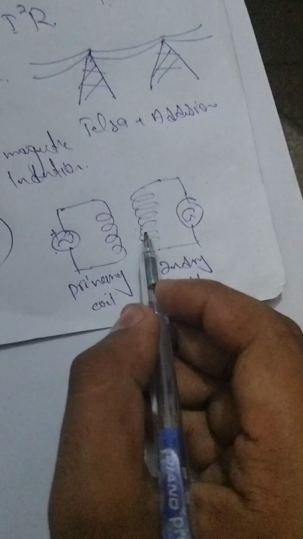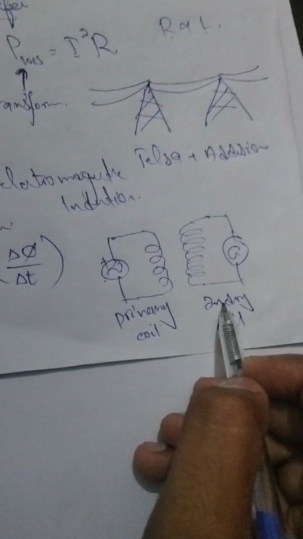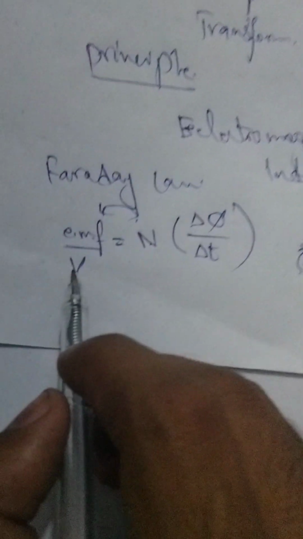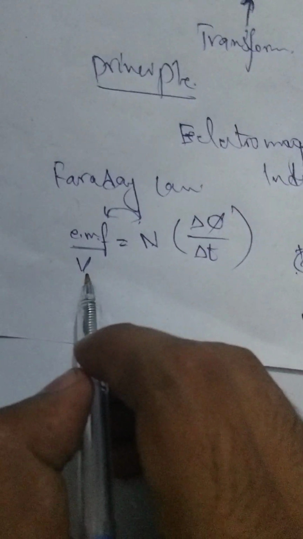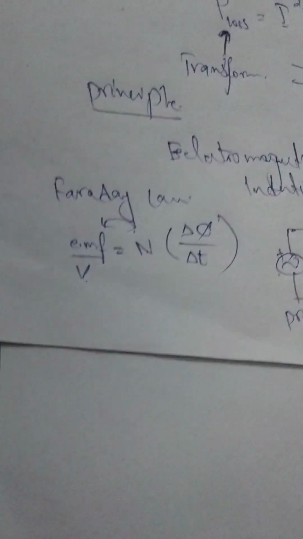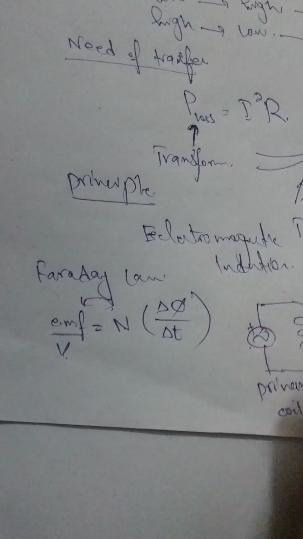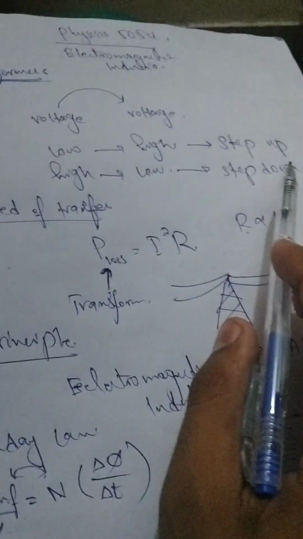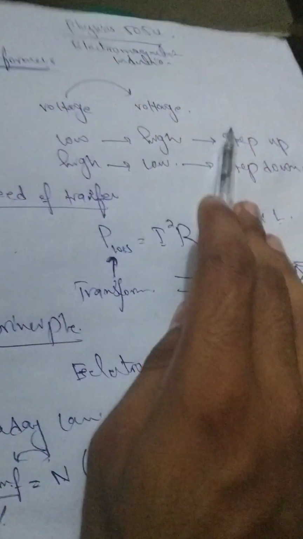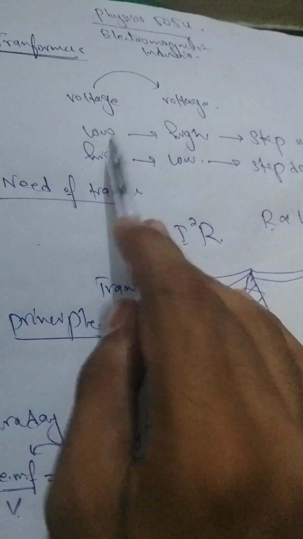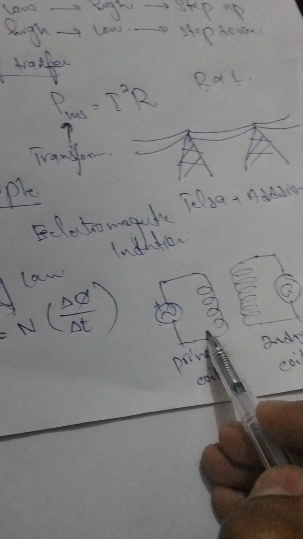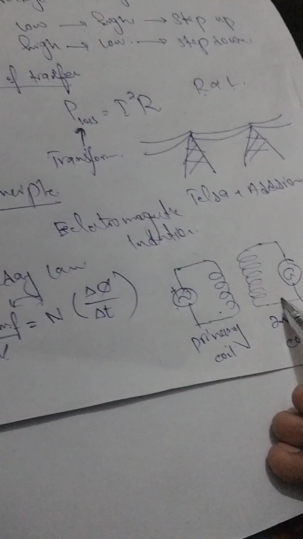So if we increase the number of turns of our secondary coil, it means that we will get more voltage or electromotive force. So this condition fulfills the step up transformer, which is that here we have low potential and we will convert it into higher potentials.